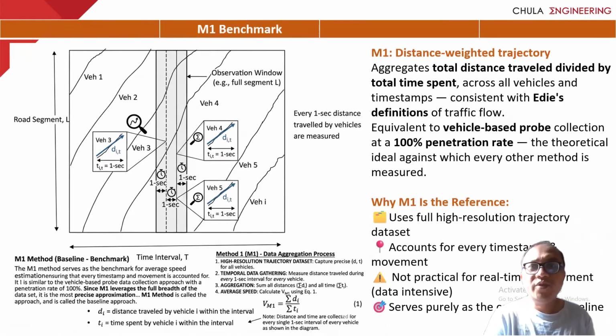If we look at the M1 benchmark method, it uses the aggregation of total distance traveled divided by total time spent, consistent with the Edie's definition method. It uses 100% vehicle penetration, so it requires a huge amount of data, especially high-resolution trajectory data, because it uses vehicle movement at every timestamp, or every second.